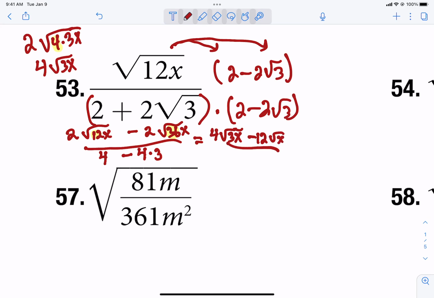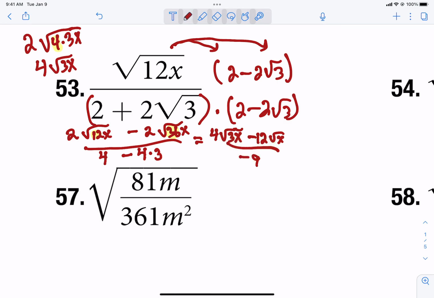And on the bottom, 4 times 3 is 12, so 4 minus 12, which is negative 9. Now, unfortunately, we can't do much. This 4 and this 12 are not common factors of 9. There's nothing in common. We never leave a negative in the bottom, so we are going to divide both of these by negative 1.